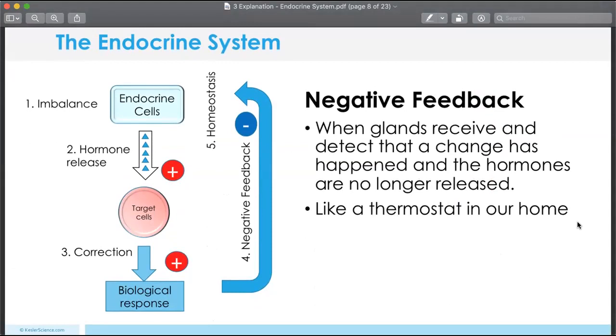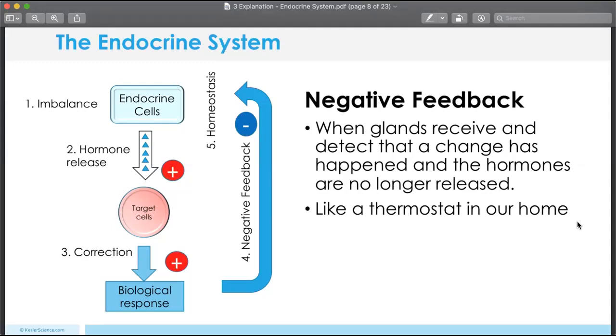Whereas the endocrine system does the same, okay? So there might be an imbalance. Those endocrine cells send out those hormones to connect to the target cells, right? They release the hormones to go connect, and then they correct whatever chemical change needs to occur, and then maybe they find something else when they're out there, right?